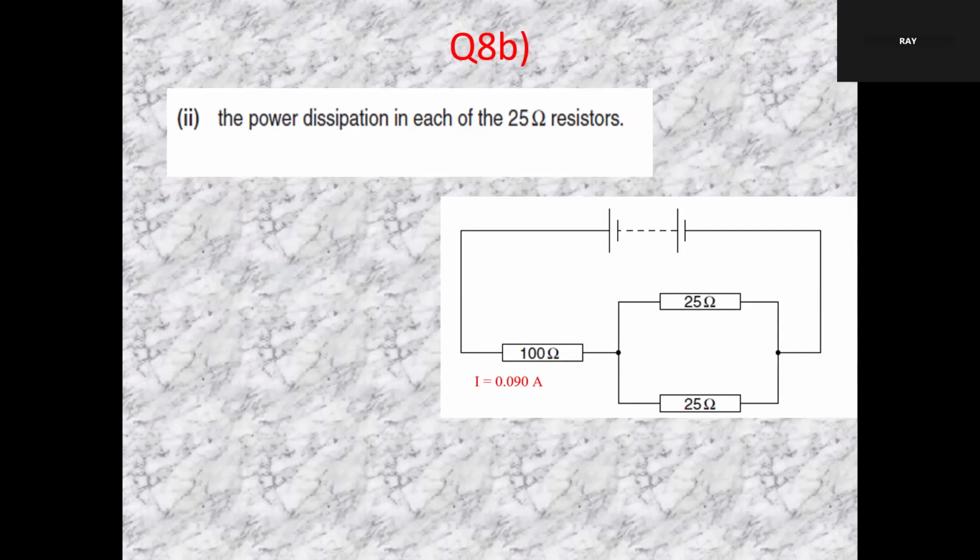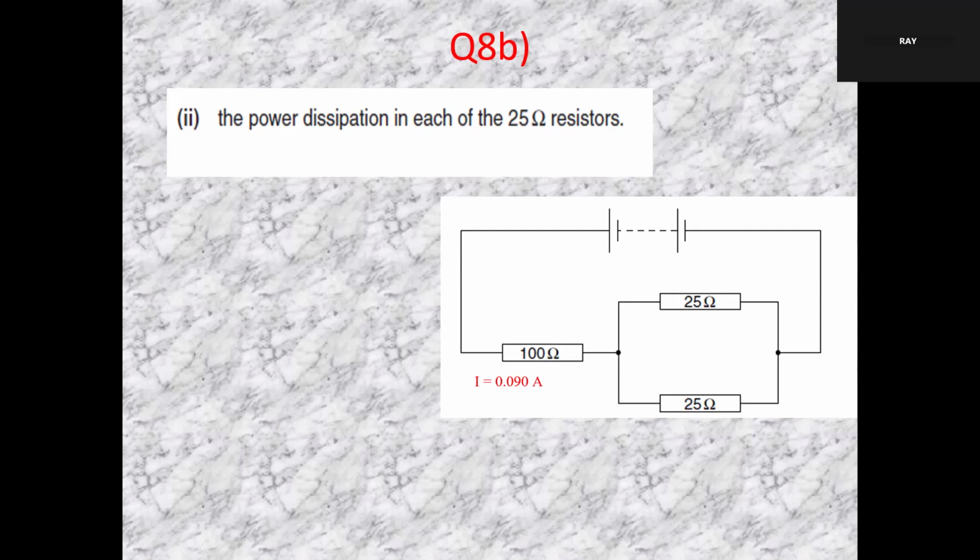Power dissipated in each of the 25 ohm resistors. You calculate the current. So how are you going to do that? Also P equals I squared R, right? For R, you substitute the resistance of those two.